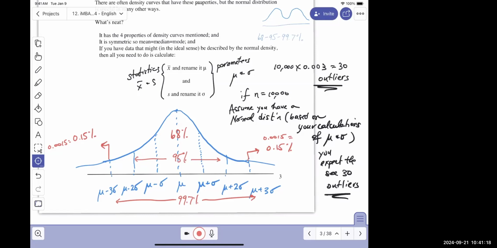From what I've described to you, all that really matters here is mu and sigma, right? If I have mu and sigma, I can draw this. And once I draw this, I can estimate. That's really my goal. I want to estimate what are the possible outcomes. So this is like our model that we're going to use.